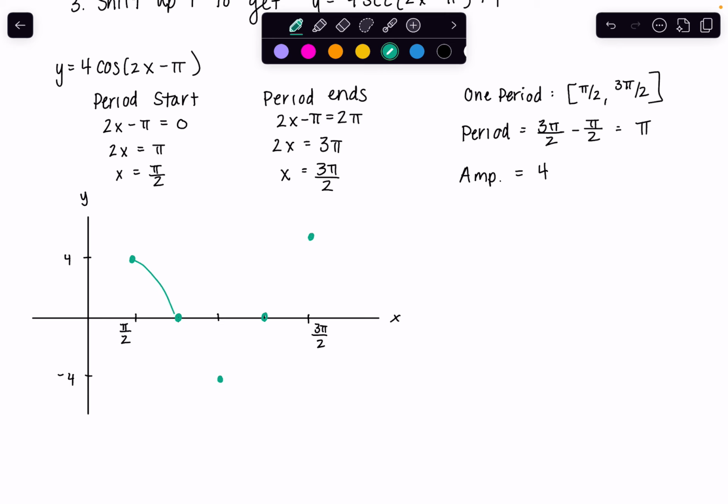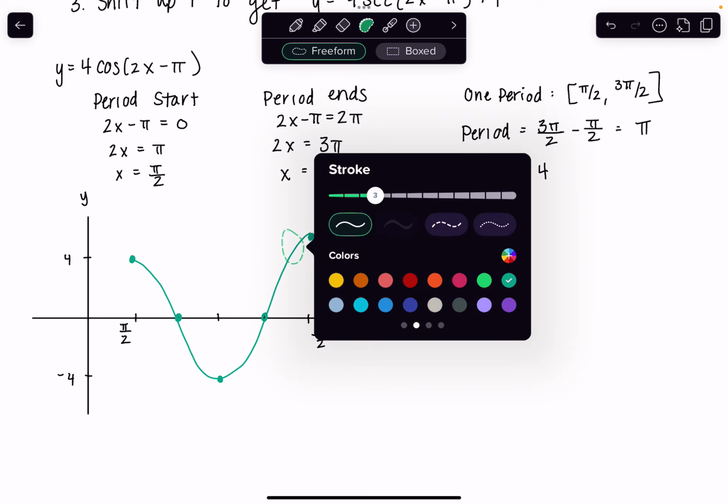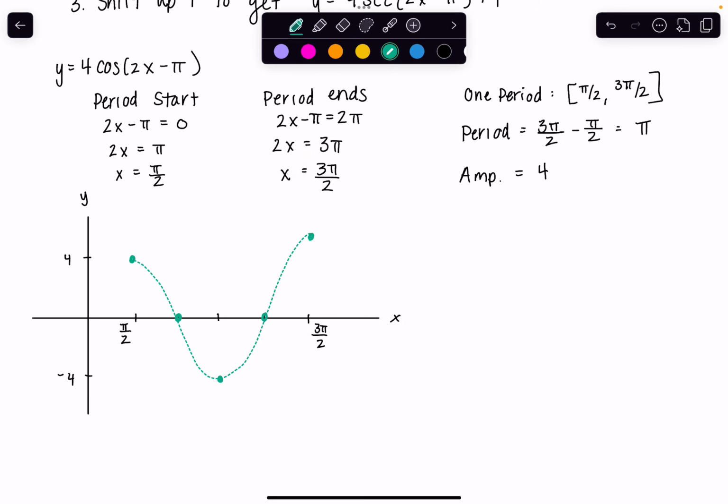So I'll go ahead and draw this fluidly, but again, I am going to turn this into a dotted line. Okay. So this would be our graph of 4 cosine of 2x minus pi. Our important points would be when those inside equals those quadrantal angles.